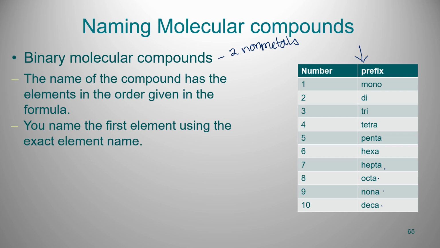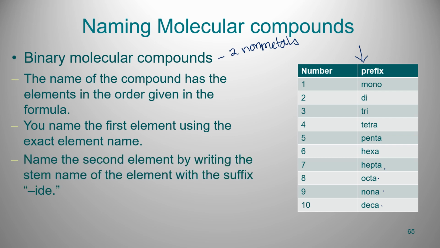Sometimes this can be confusing because some of the IDE elements, like chlorine, bromine, or sulfur, could be listed first. So we don't change the first one to IDE, even if in an ionic compound it might be an IDE. The first element is always just named exactly as it's written or found. And then the second one will get the IDE ending.